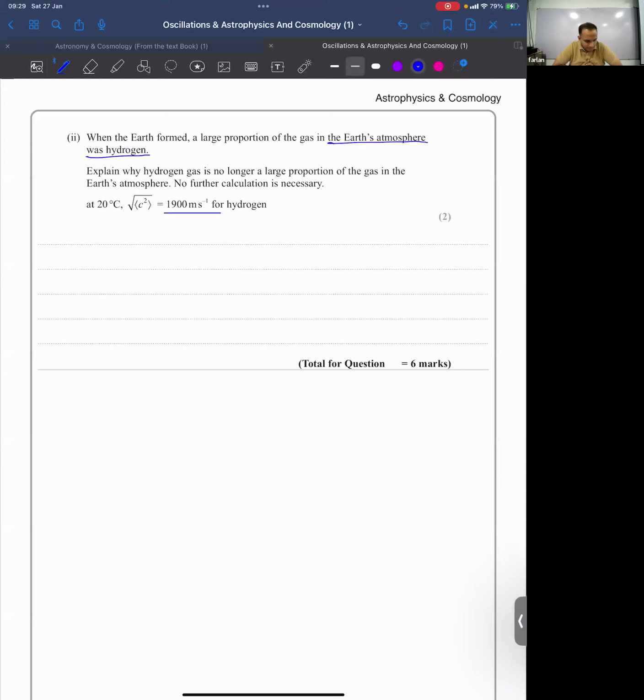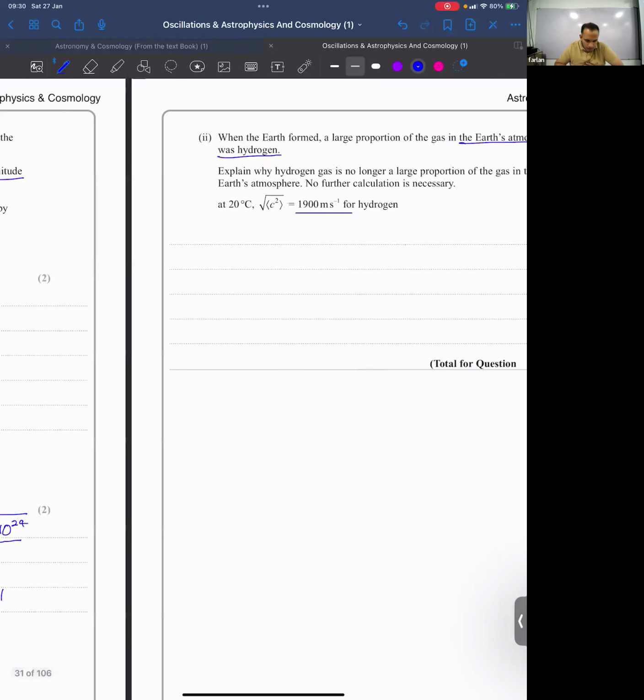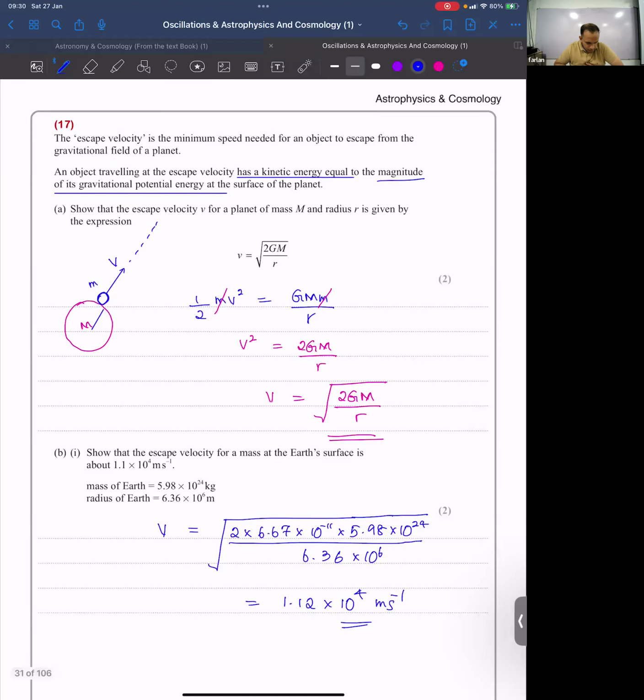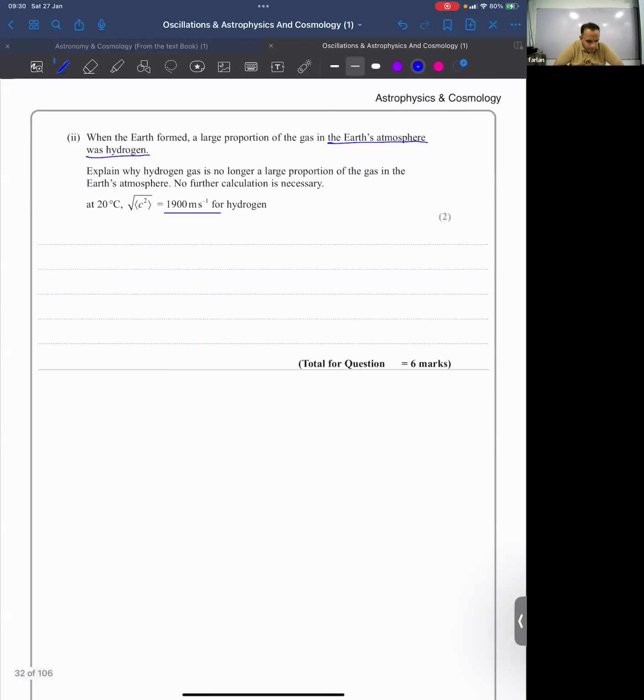Can you give me an answer for that? Try to connect this with the previous part. Escape velocities.